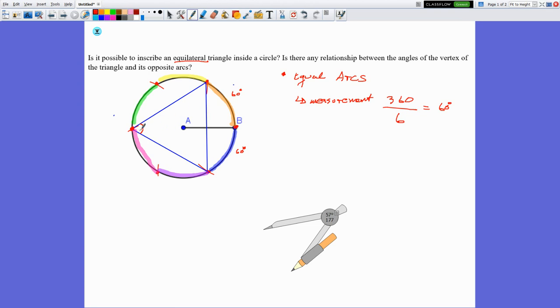I know that there's a relationship between an inscribed angle and its arc: the inscribed angle is always half of the arc. So if the arc is 120, this angle must be 60.